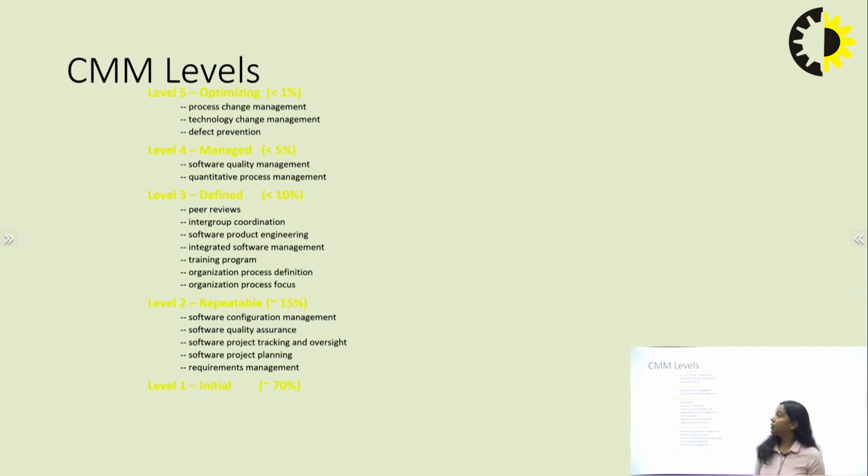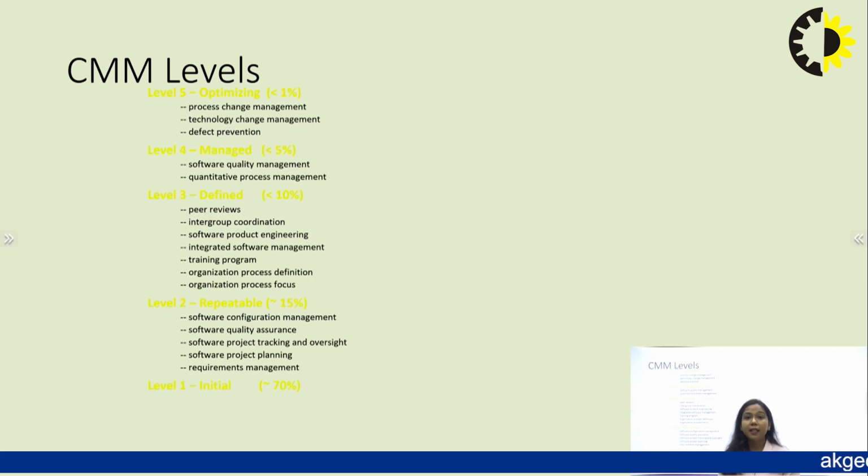The fourth level is the managed level, with less than 5% weightage in software maturity. Here we discuss software quality management and quality process management. All these processes are defined in CMM level 4.